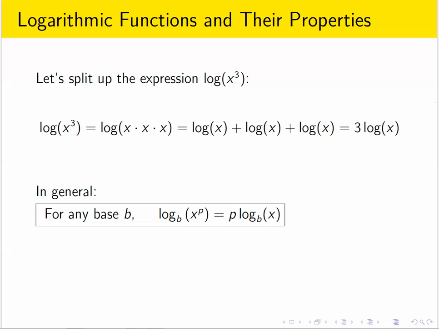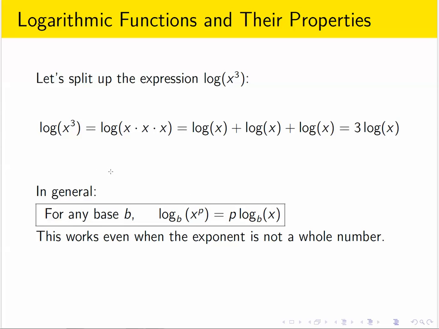So the general rule works for any base, and you can always think of it this way: if I have a quantity I'm taking a logarithm of that's an exponential expression, x raised to a power, then I can just take that exponent and bring it out front, like we see here.